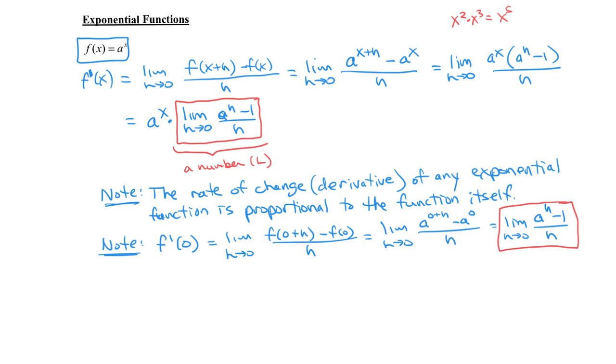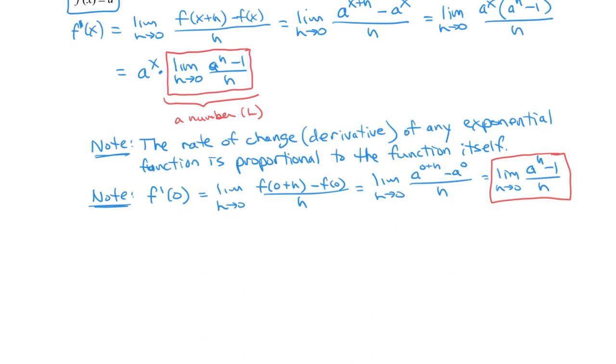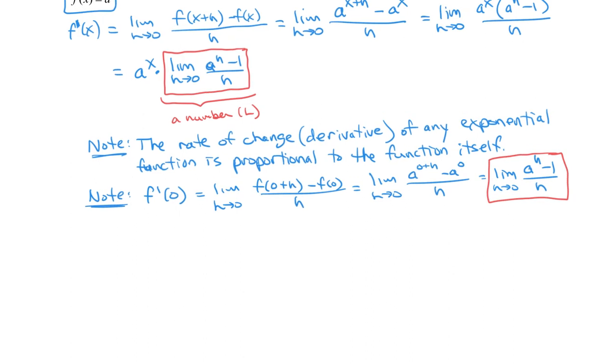Here and here. So when we take the derivative of this function at 0, we get this multiplier again. So we know this. Based on this, we know this much. We can say that we know f prime of x is equal to a to the x times f prime of 0.